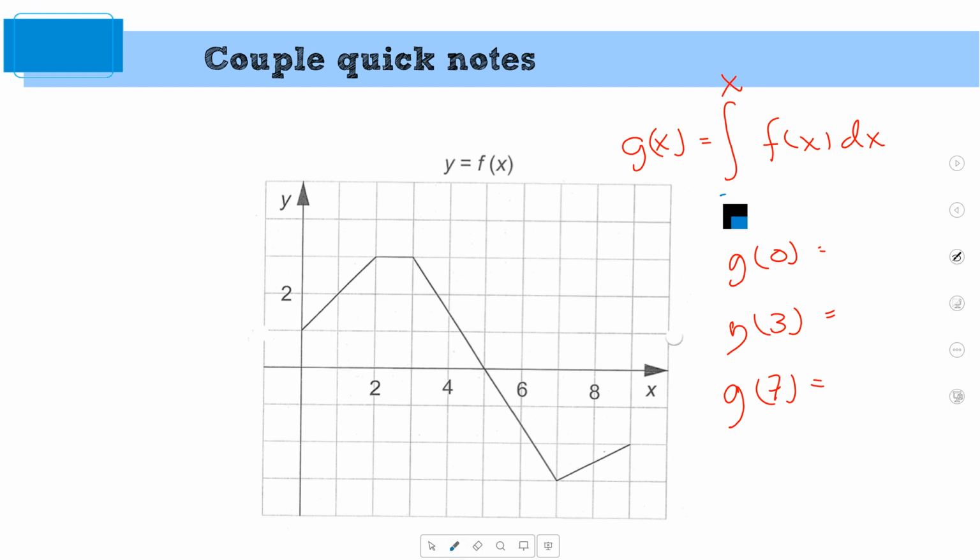So if this is 2, then what's g of 0? -4, very good. Because we're going backwards. So I would have to turn the integral from 2 to 0 into the integral from 0 to 2 and stick a minus sign in front of it, so you calculate the area, put a minus sign on there.